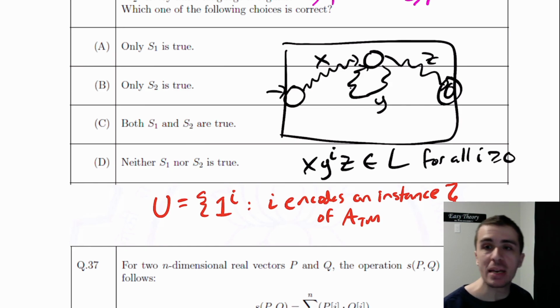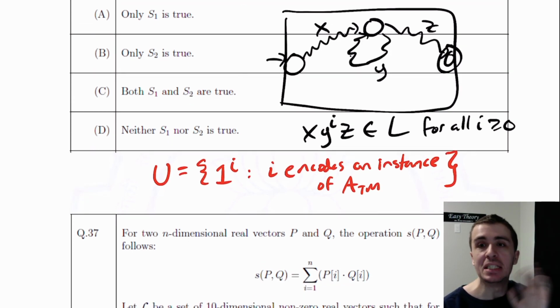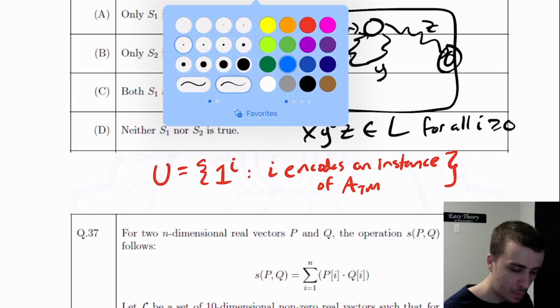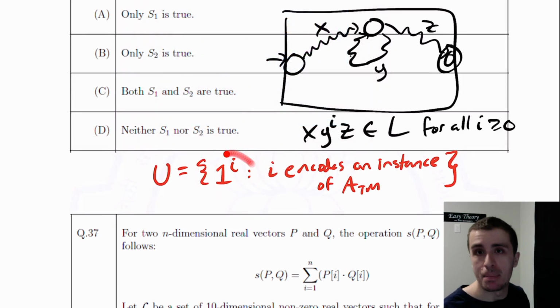So it's the unary encoding of some instance of the undecidable problem ATM. This is an undecidable set, because we can extract the length of this, encode it as the machine and the input, and now we can solve ATM if it were decidable.